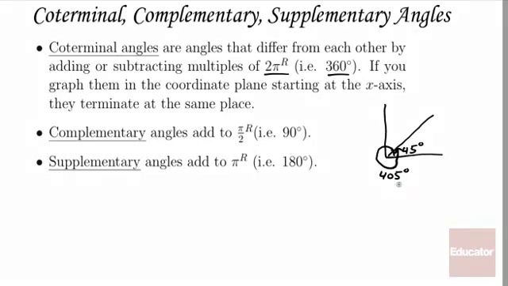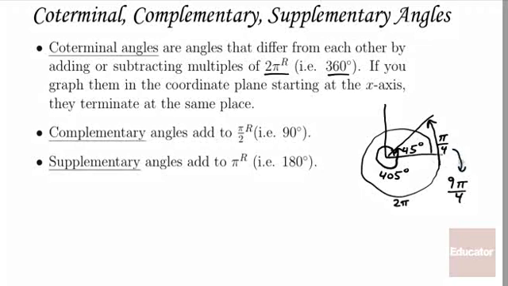So 45 and 405 degrees are coterminal. In radians, 45 degrees is pi over 4. If you add on 2 pi radians, a whole circle, you get 2 pi plus pi over 4. Well, 2 pi is 8 pi over 4, so you get 9 pi over 4. Then pi over 4 and 9 pi over 4 are coterminal angles.